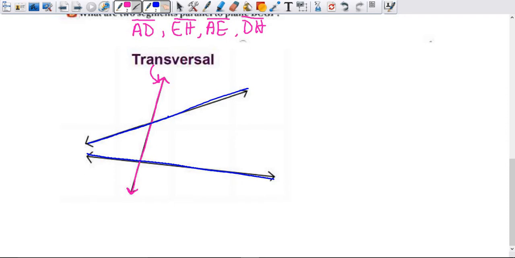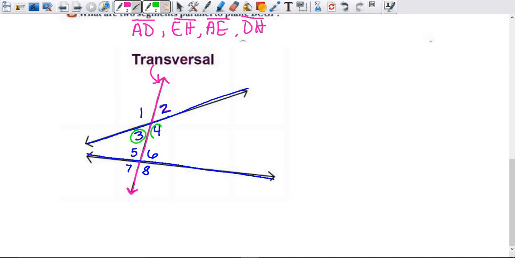So the one line that's kind of going in a different direction, that's how you'll always notice that is your transversal. A lot of times I'm going to label this with a 1, 2, 3, 4, 5, 6, 7, and 8. What I'm doing is labeling all the angles in this picture. So, there we go. So we're talking about 4, 6, 3, and 5.